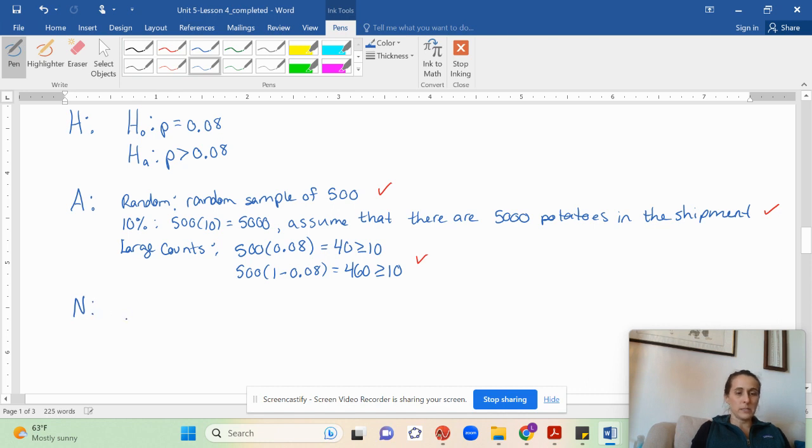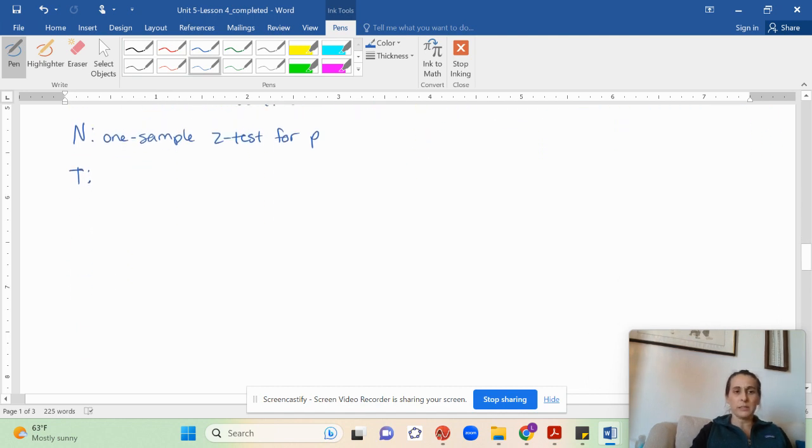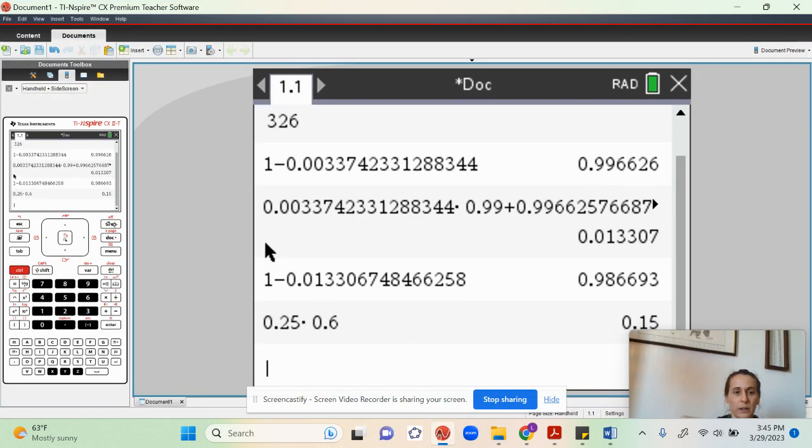N, name the test. This is a one sample z-test for the population proportion, p, z-test for p. T, the test statistic. All right, so now we're going to use the calculator. We can write the formula that we learned in the last class, but let's skip that and go straight to the calculator.